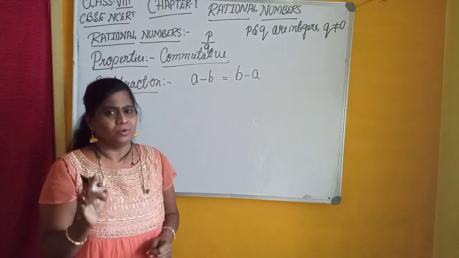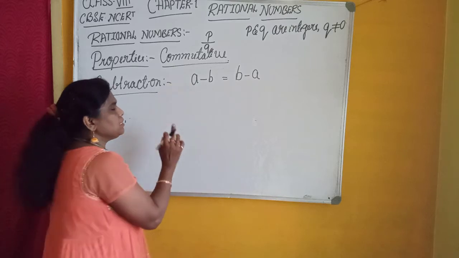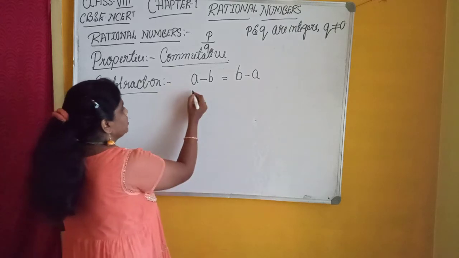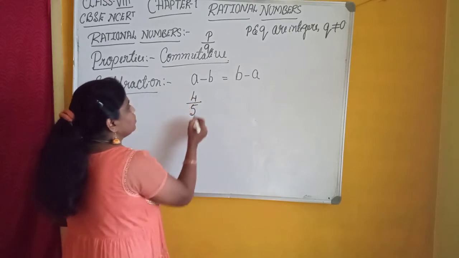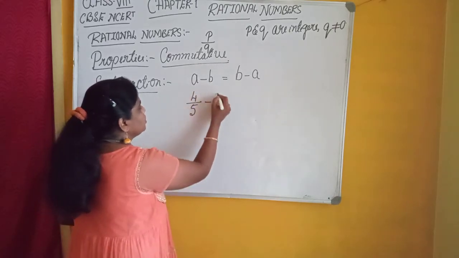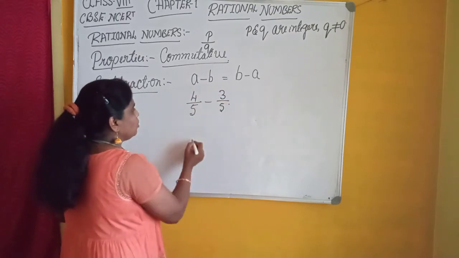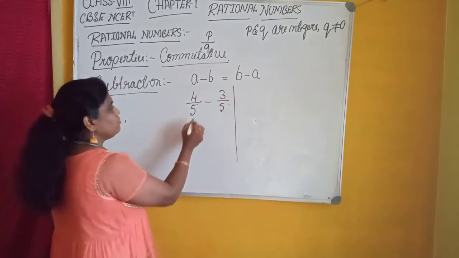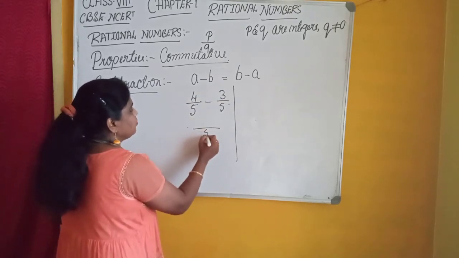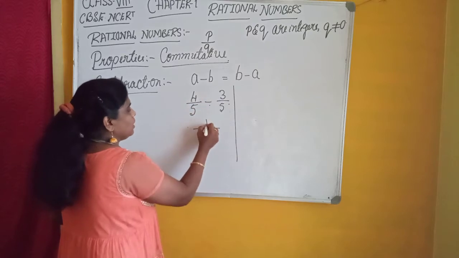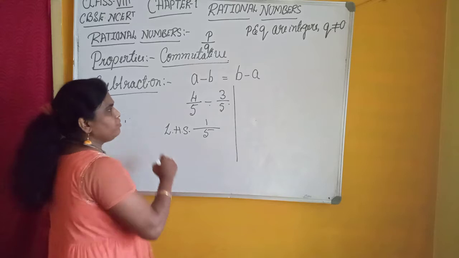For a - b, consider a rational number 4/5 and another rational number 3/5. Solve 4/5 - 3/5. The denominator is the same, 4 - 3 is 1. LHS we got is 1/5.